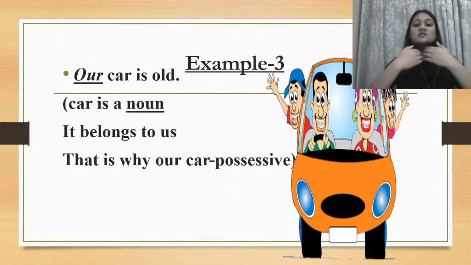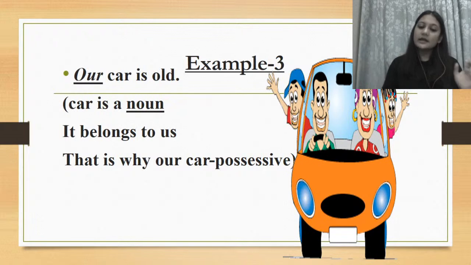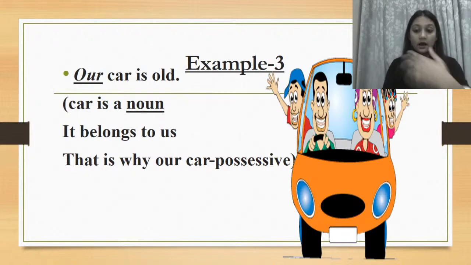Now, it belongs to us, right? The car belongs to us. That is for sure. So, our car is old. Car here is a noun. That is why our car shows the possession, like the car which we own, right? That is our car. Like my family's car is old. Clear?